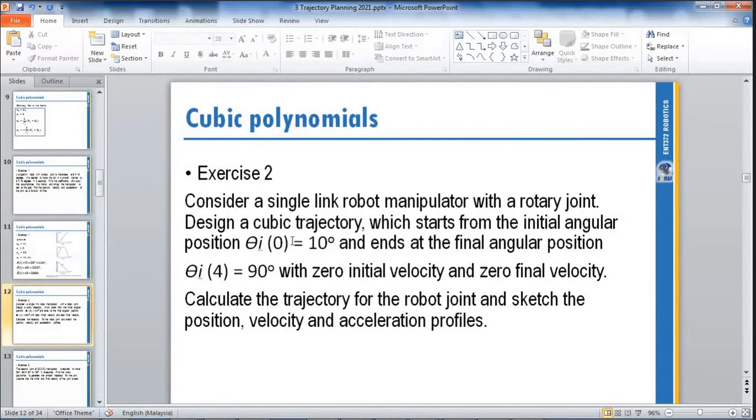So it is similar to example 1, but you have different terms for your starting and final position.